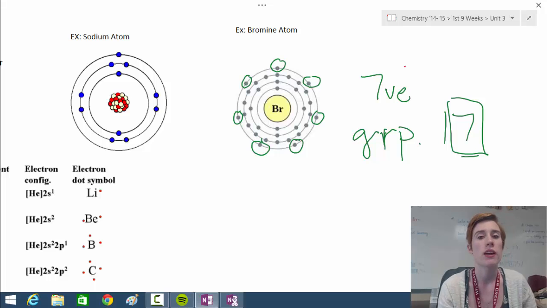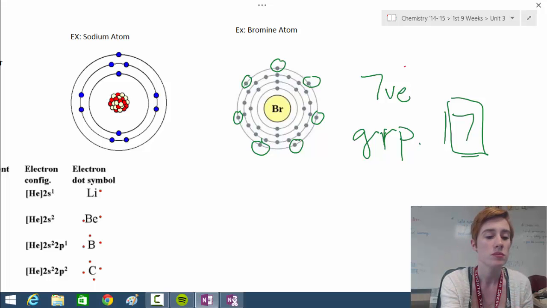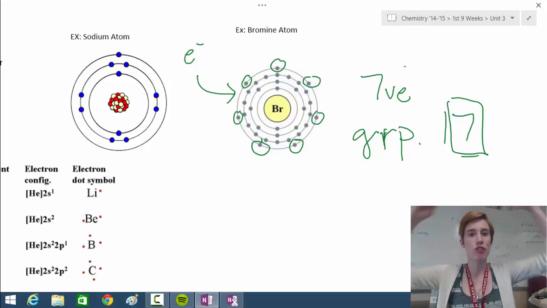So there's 7 valence electrons in bromine. Bromine wants to have 8 valence electrons, but it only has 7. So what it's going to do, if it's given the chance, is it's going to want to steal an electron from another nearby atom to get a full 8.